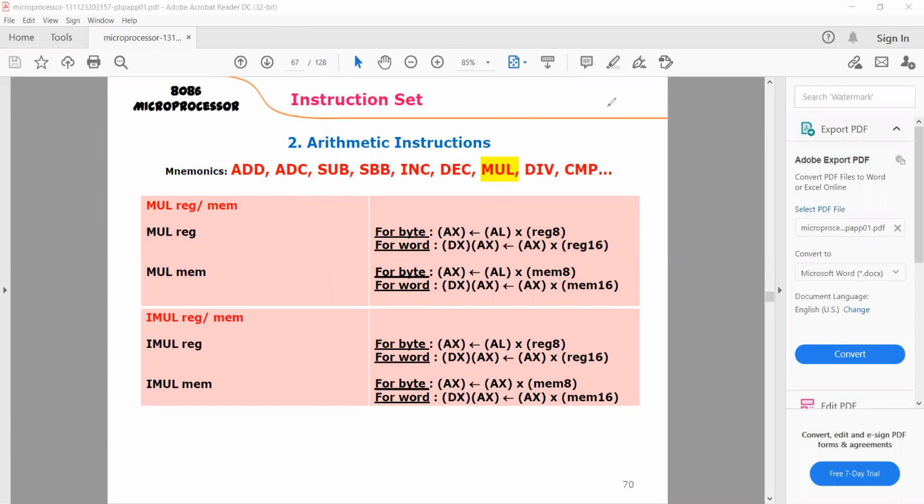After clearing that, if it is an 8-bit register, here in the instruction we used MUL register. If the register is an 8-bit register, then we use the 8-bit A register. After multiplication, we may get 8-bit or more than 8-bit.